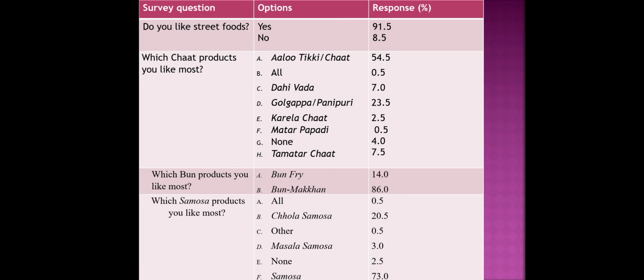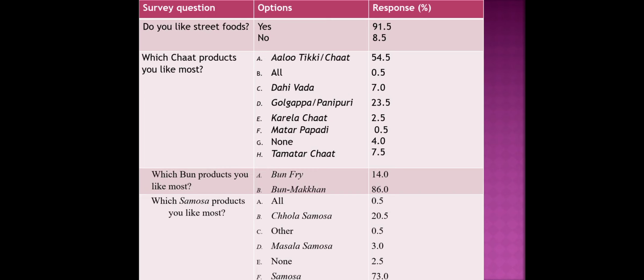As we can see, 91.5% respondents liked street food. Among chaat products, aloo tikki chaat topped with 54.5%, bun makhan with 86%.